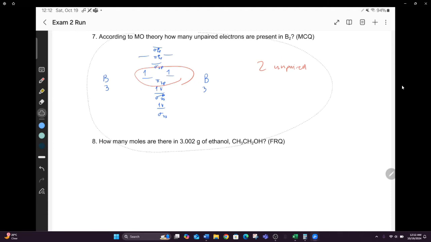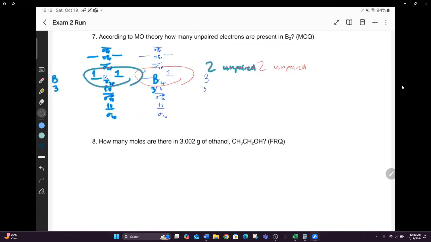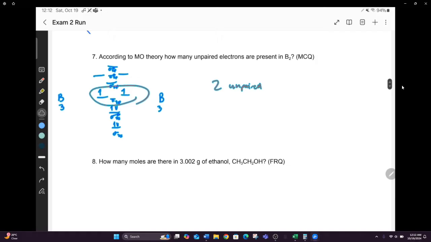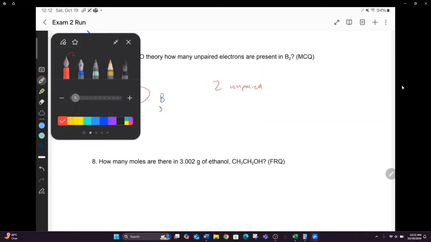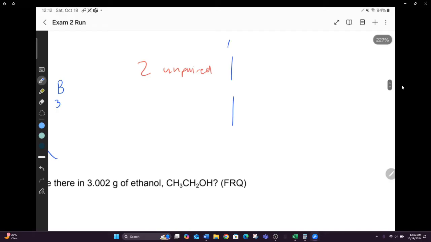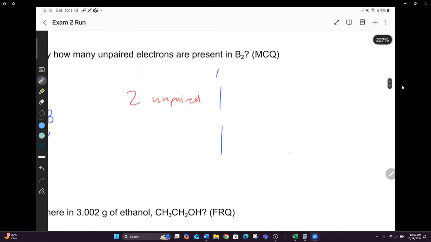One thing I want to keep in mind: this is the orbital diagram for all of the elements to the left of oxygen. For oxygen and fluorine, you should know that the order is sigma, sigma, sigma, pi, pi, sigma. This is just a side note.